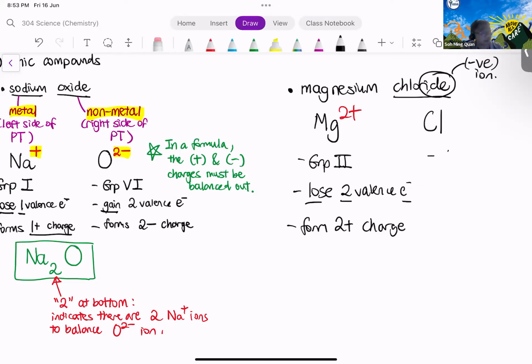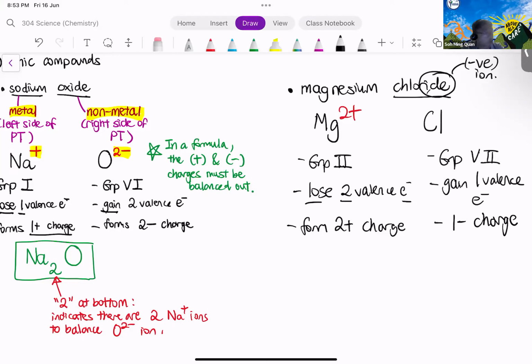Chlorine is in group number what? 7. Group 7, 7 valence electrons. To make it fully filled outer shell, I need a total of 8. Currently, it has 7 electrons already in the outer shell. It needs to gain 1. You gain 1 electron, 1 minus charge.